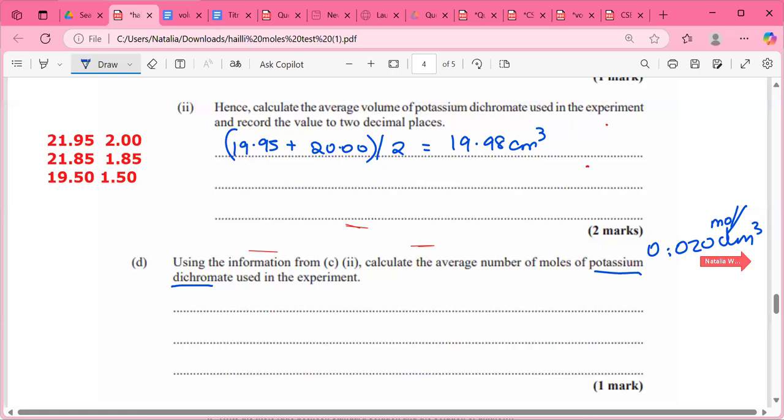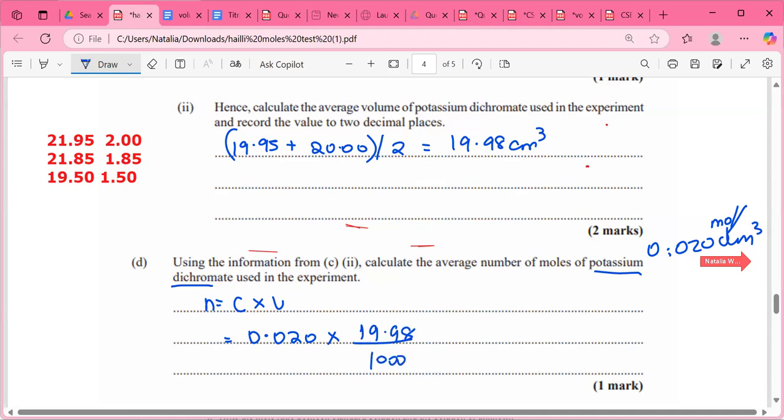Using the information from C2, calculate the number of moles of potassium dichromate used in the experiment. So we have the concentration, number of moles is equal to concentration times volume. Concentration is 0.020 moles per dm cube times 19.98 over 1000.